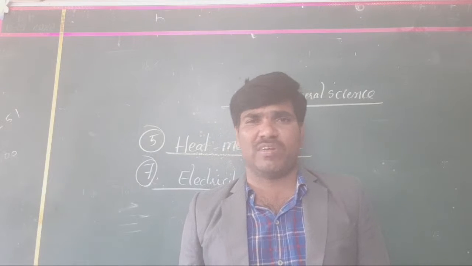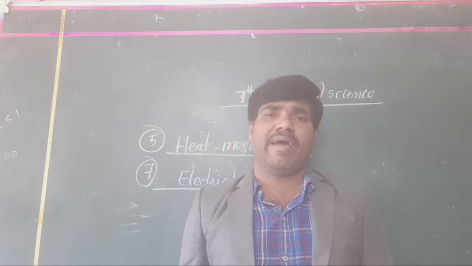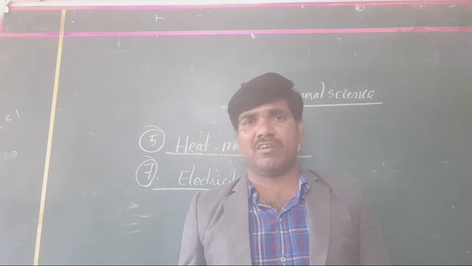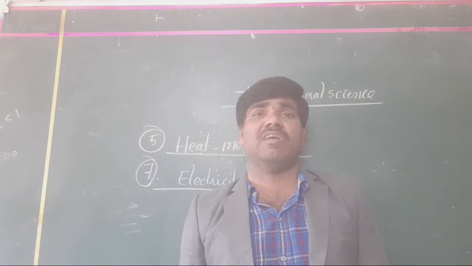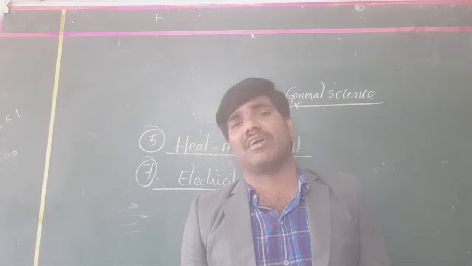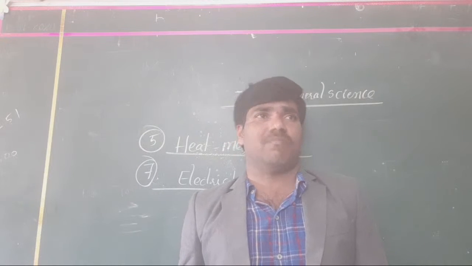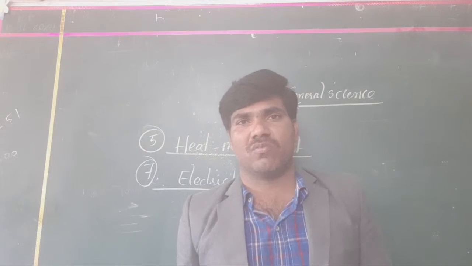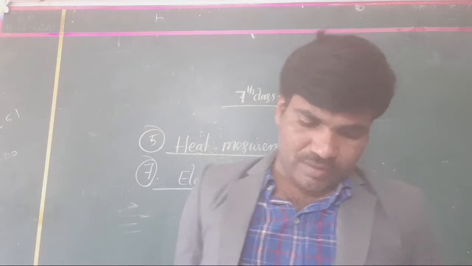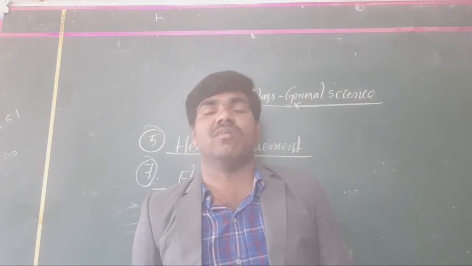A conductor easily flows the current. Insulators oppose the current through them, and a semiconductor partially conducts: when we provide energy to it, at that time it will flow the current. Clear or not? I hope you got it.